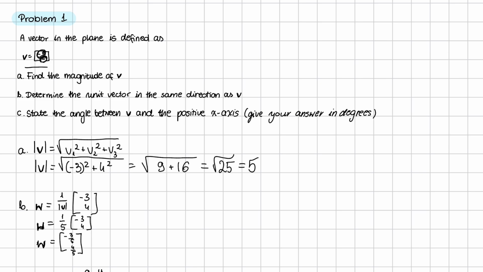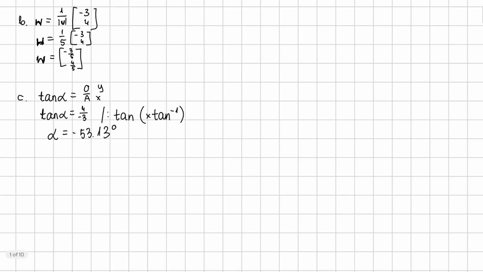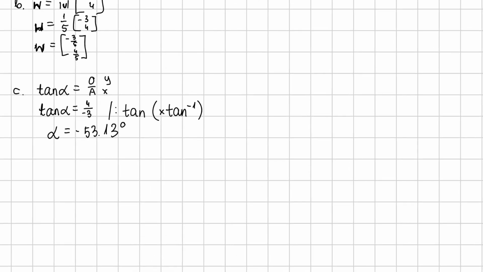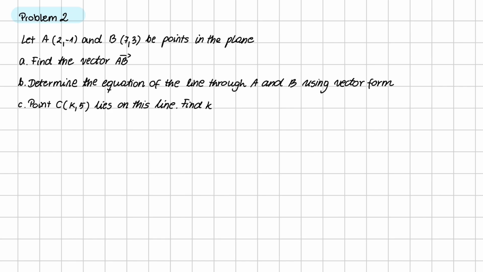So our vector lies in the second quadrant. That's why our angle cannot be negative, so we have to add 180 degrees. So 180 degrees plus our calculated angle gives 126.9 degrees.